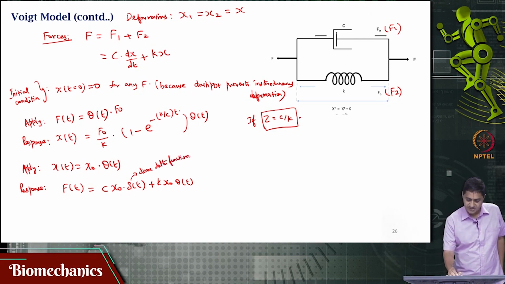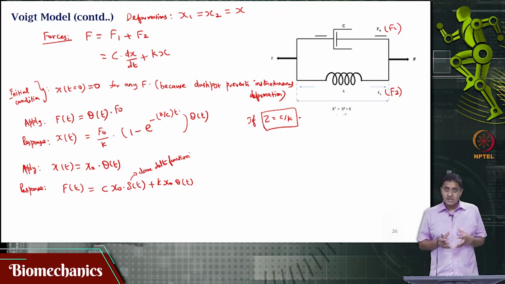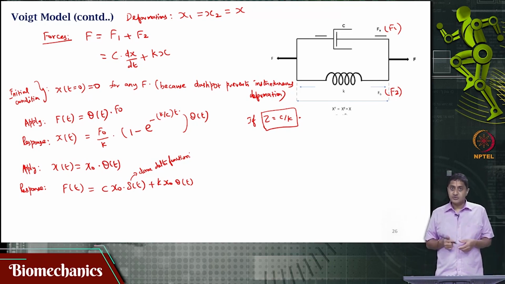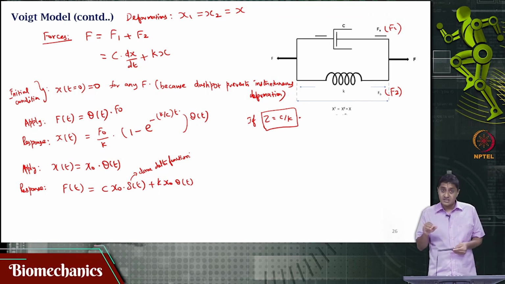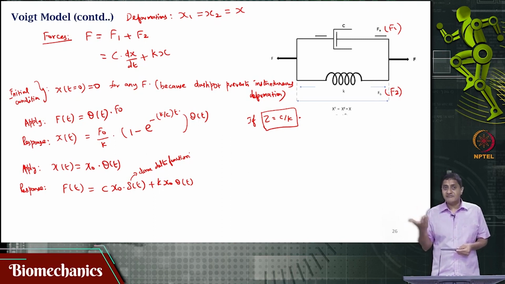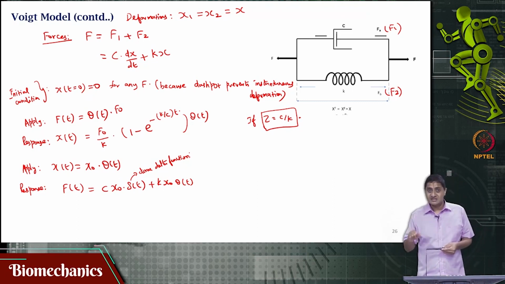What this means is that initially, due to the dashpot, there is going to be a sudden increase in the force as in the Dirac delta function, but then that immediately settles down. For t greater than 0, for example t greater than capital T by 2, the Dirac delta function does not exist anymore, the whole thing becomes 0, and you only have the response due to the spring, which is k x naught times theta of t, a step change.